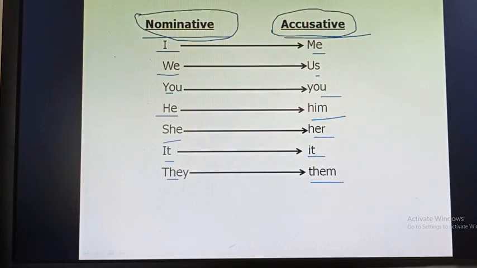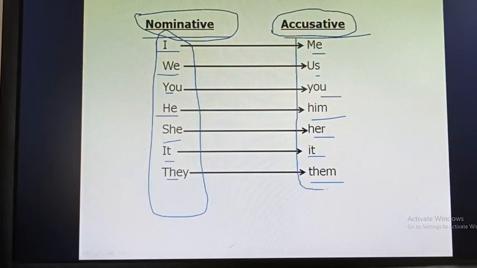Both are pronouns. But these are called nominative pronouns, and these are called accusative pronouns. Although what they are called is not in your book, you can still learn it.